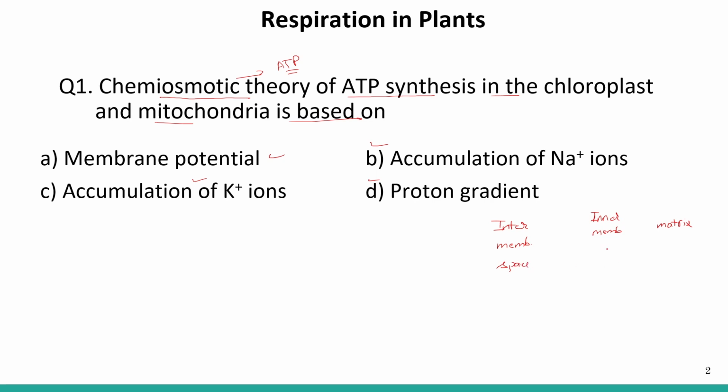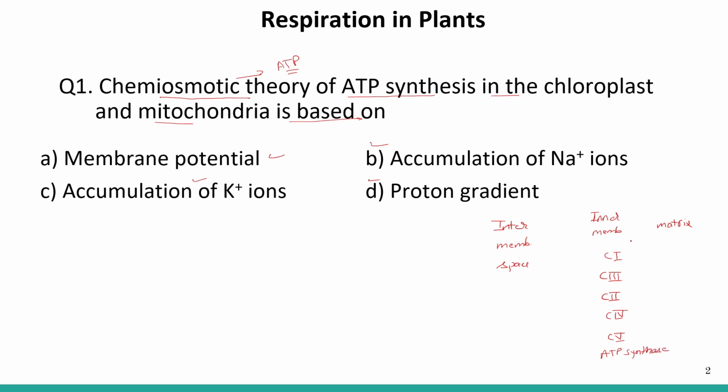All the complexes are present here, complex 2 and complex 4. And then finally we have complex 5, which is known as ATP synthase, which is involved in ATP generation.